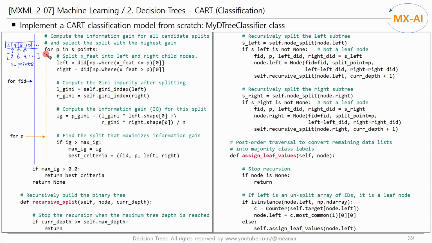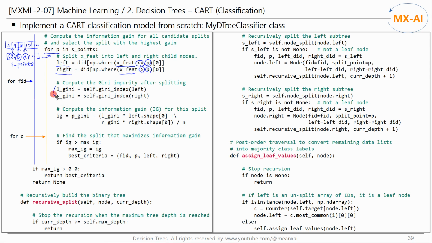Next, we take each split point P from the S-points list and split xfeat into left and right child nodes at P. Data points less than or equal to the candidate split point P are assigned to the left child node, and those greater than P are assigned to the right child node.